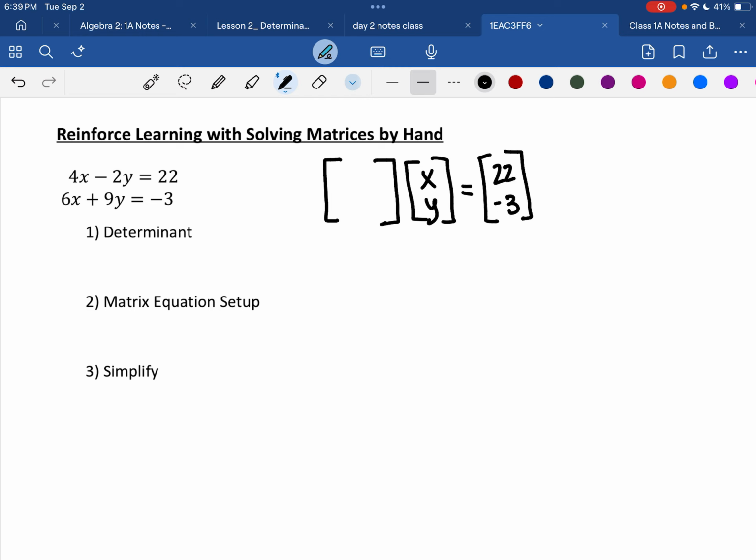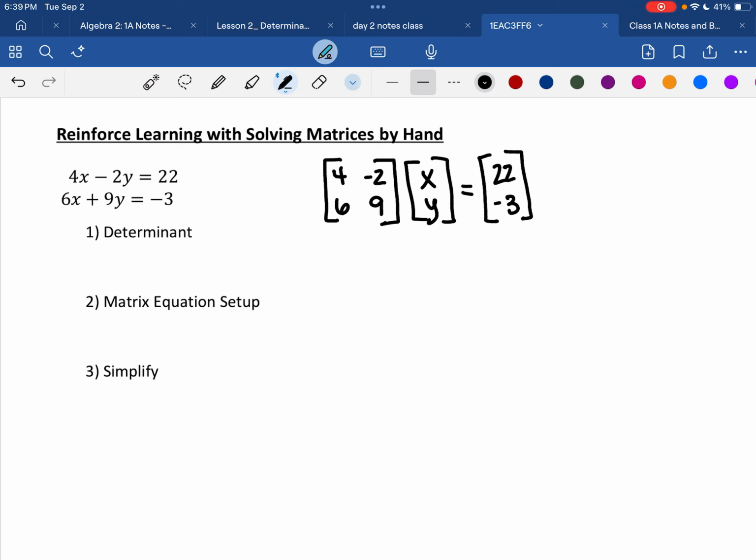Since I pulled out the x and y, we're going to get rid of these, and we're just going to look at the numerical values. So that means I have a 4, negative 2, 6, and 9.